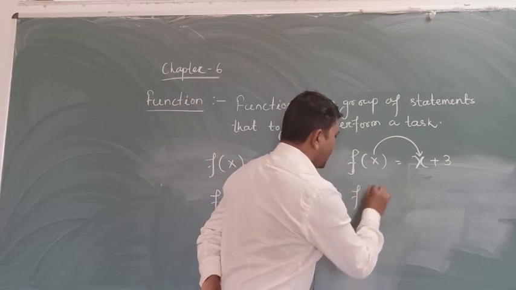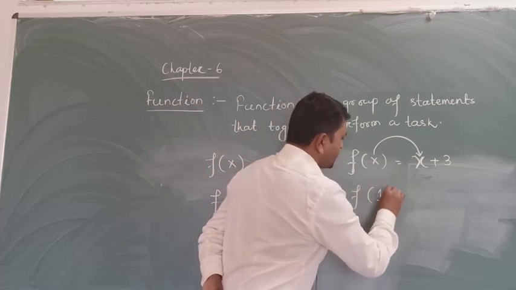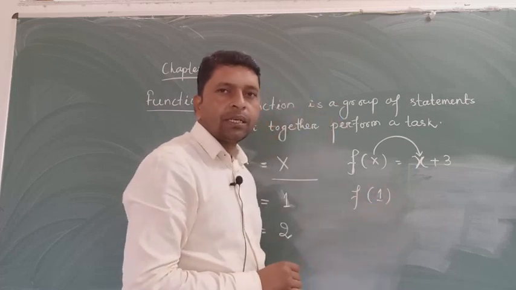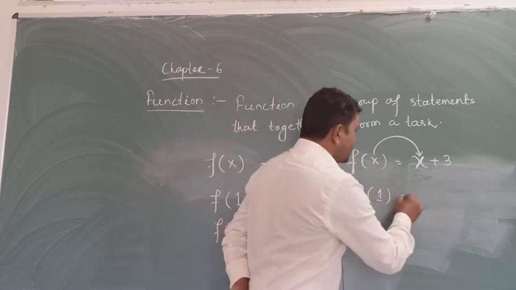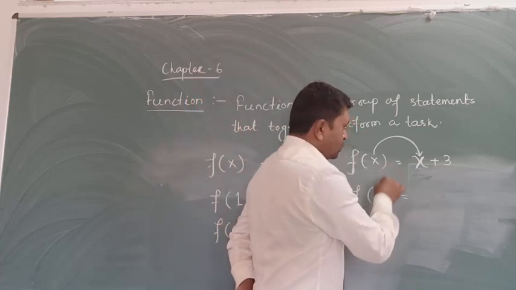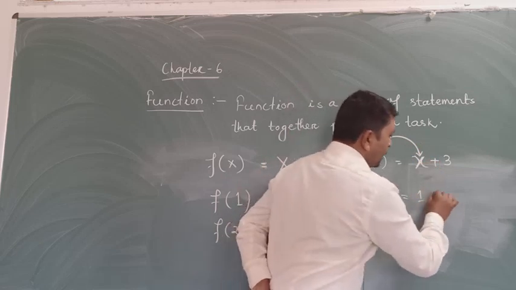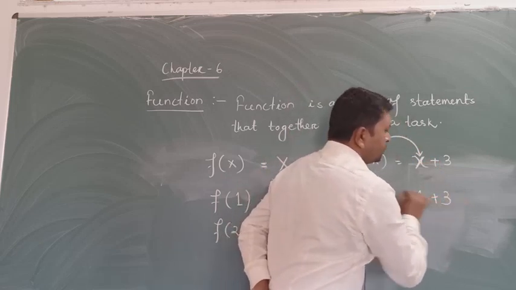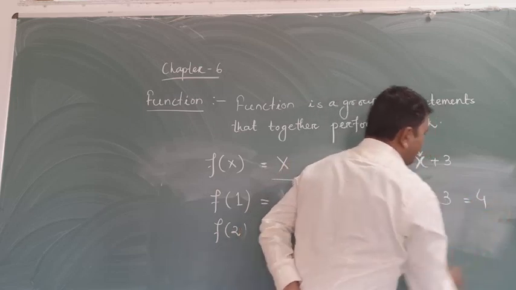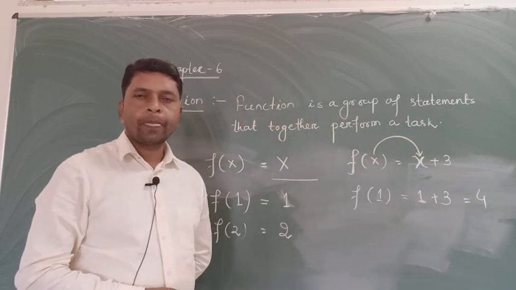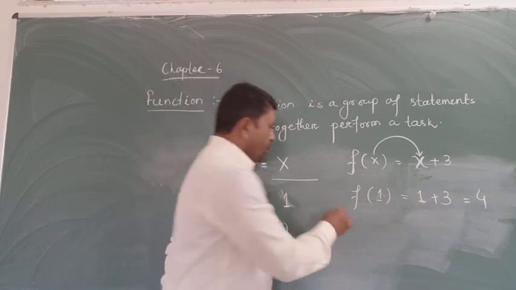When I am asking what is f of 1, it means x is equal to 1. So 1 is passed here, and then plus 3, and the result becomes 4.